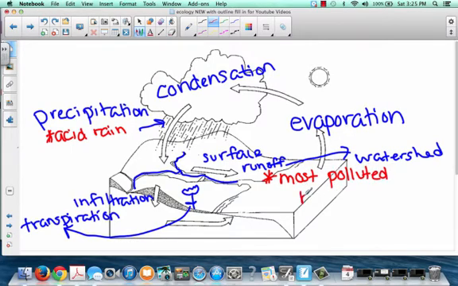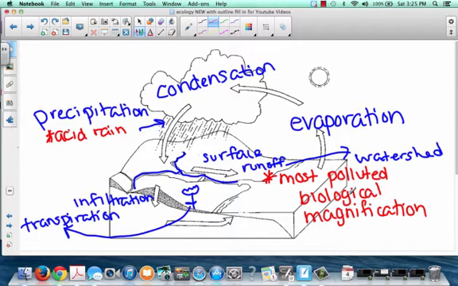We're going to talk about the word biological magnification. And that's going to be a term that we're going to use for how that pollution gets passed up a food web and why we should not eat certain types of foods.